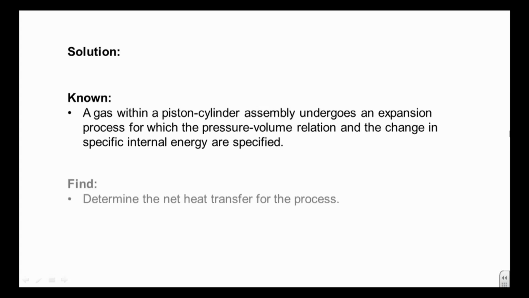The next thing to do is to summarize what we have to find. This is again the same information we highlighted in green, presented here in a bulleted list. Determine the net heat transfer for the process.